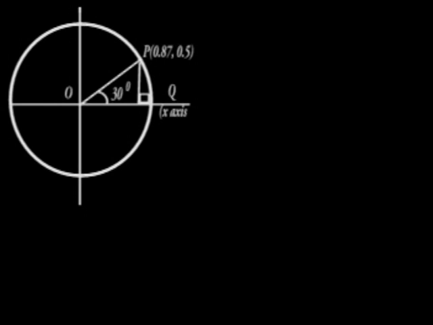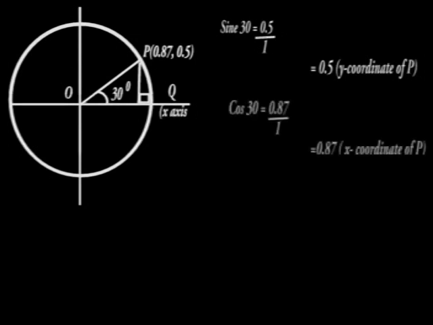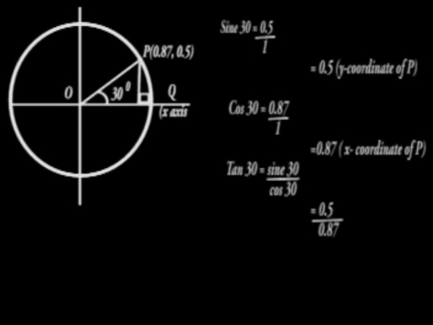Sin 30 is equal to 0.5 over 1, which is 0.5, the y-coordinate at P. Cos 30 is 0.87 over 1, which is the x-coordinate at P. Tan 30 is sin 30 over cos 30, which gives us 0.5747. Use your calculator to confirm the above.